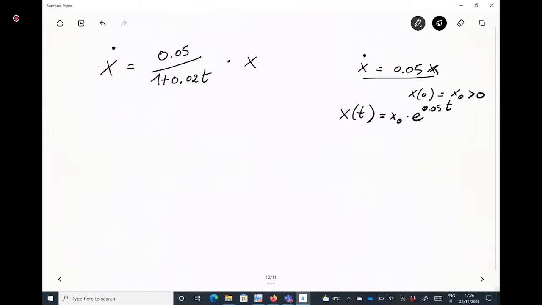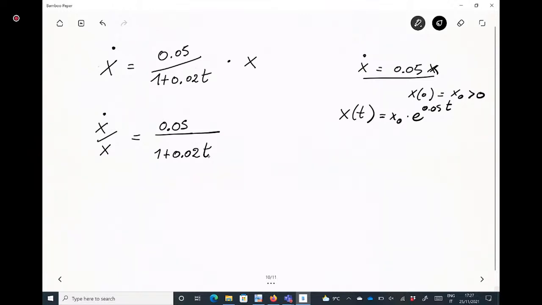Here we are saying that the growth rate is constant and it is 5% per year. Here we are saying that x dot over x, the time growth rate of variable x, is equal to 0.05 initially, when t is equal to 0, but then it decreases very slowly over time. Can you see the point?